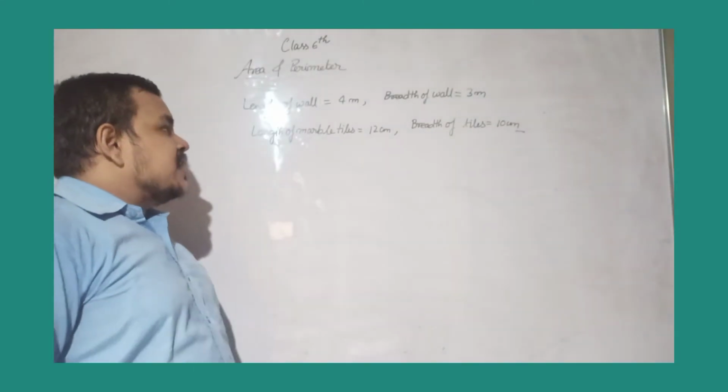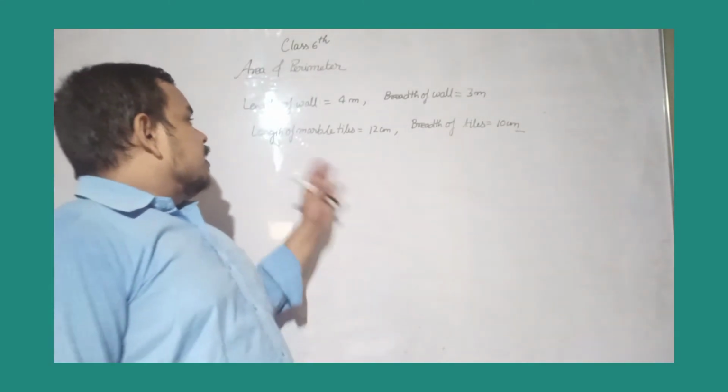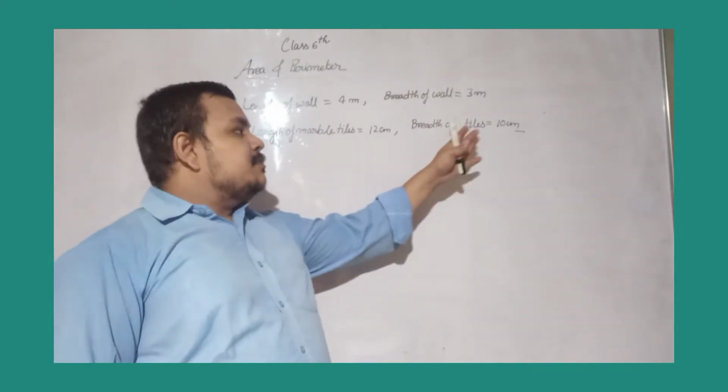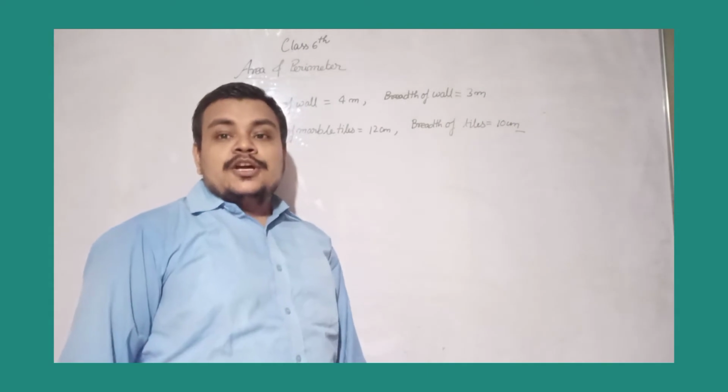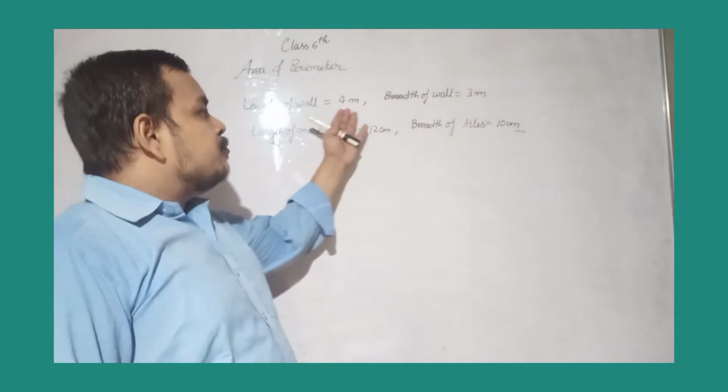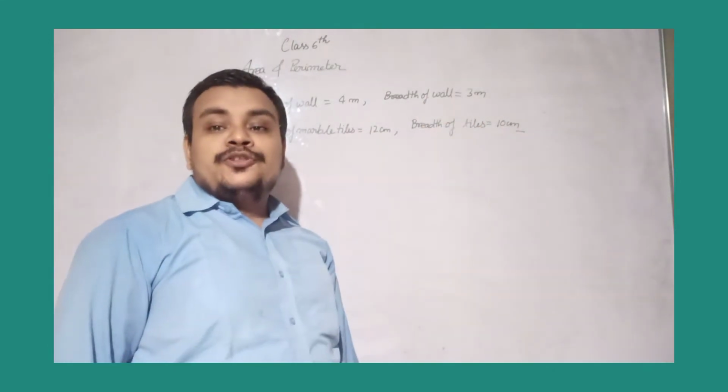In the next question, it has given marble tiles whose dimensions are 12 centimeter and 10 centimeter, which should be fit in a wall whose length is given 4 meter and width is given 3 meter.